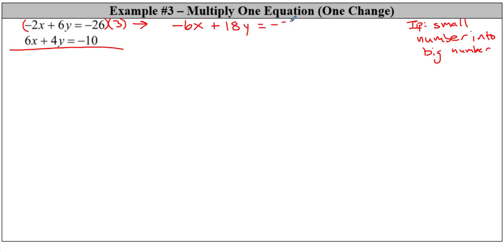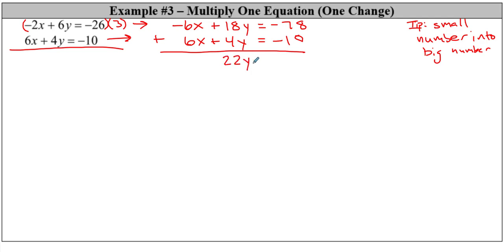-78. Okay, so now I can do this add straight up. I'm just going to move this one over because now I got the same coefficient, opposite signs, and I am in the place to be. So let's go ahead and write this out. We want these lined up so we can add these really easily. -6x plus 6x gives me that 0. 18y plus 4y gives me a 22y.